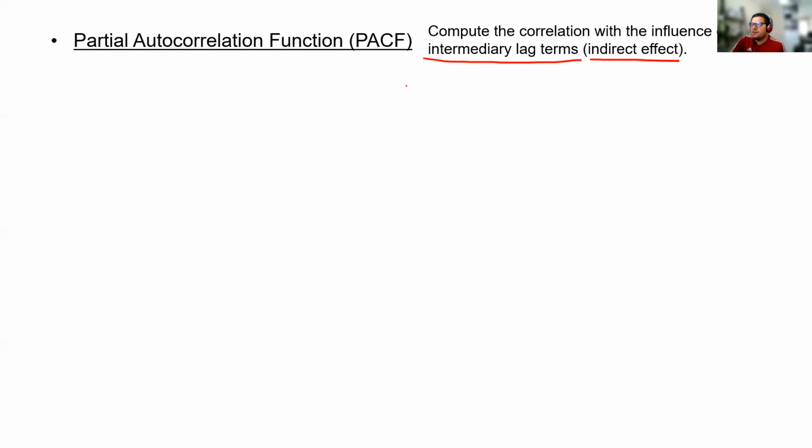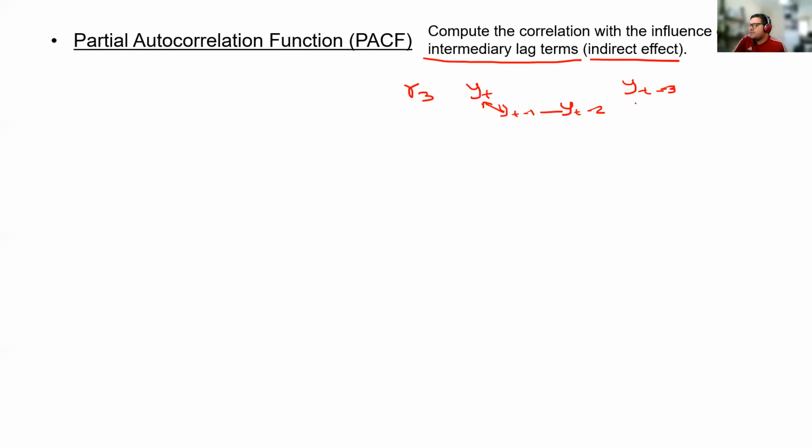let's think of the covariance of order 3. In that case, we will be analyzing, for example, yt and yt minus 3. But we know that yt is explained by yt minus 1, so yt minus 1 has an effect on yt. Yt minus 1 at the same time is explained by yt minus 2, so yt minus 2 has an effect on yt minus 1, which has an effect on yt.